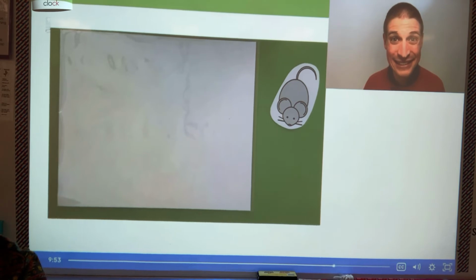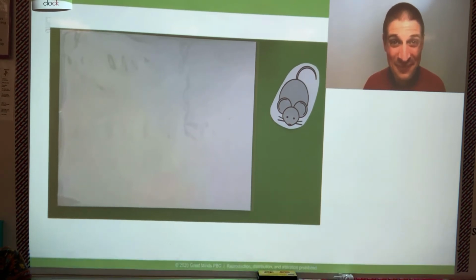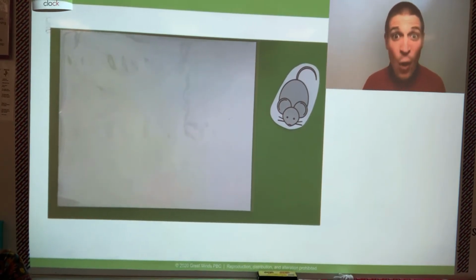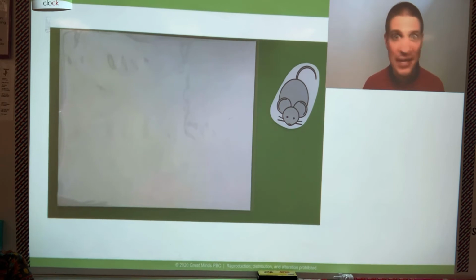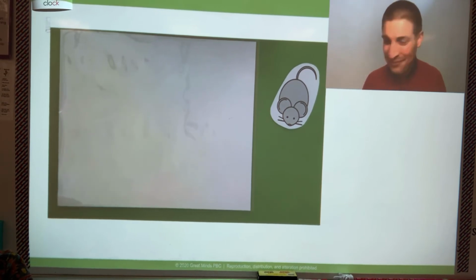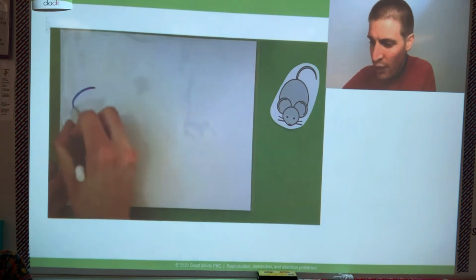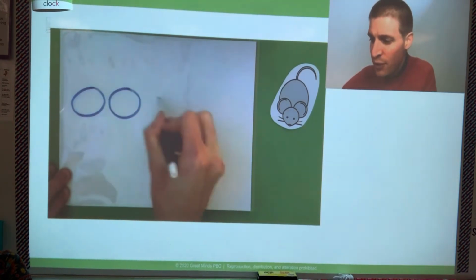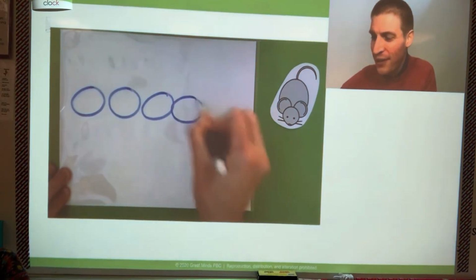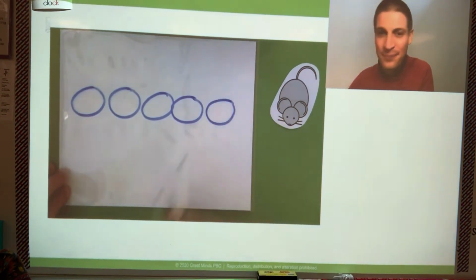Think about what you're drawing. Yes, we could draw 5 pieces of cheese. I'll use circles. Let's draw. 1, 2, 3, 4, 5.